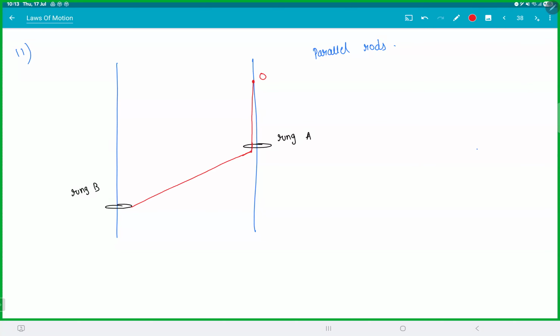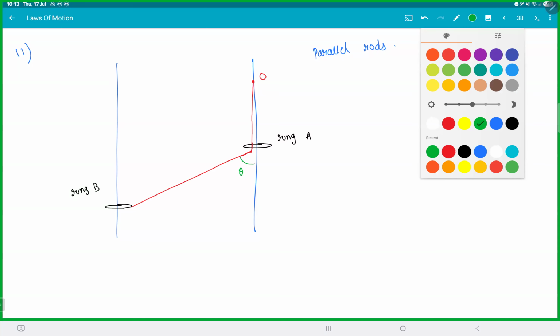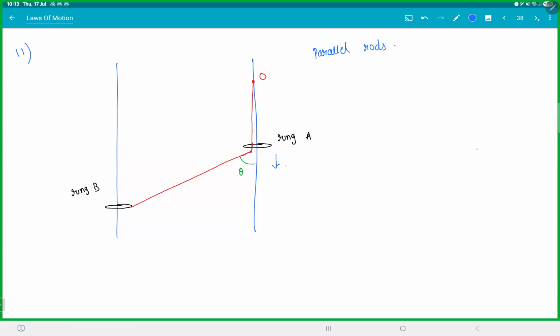So we got a string of this sort. This angle is theta. So someone is pulling this ring A with speed u. In this process, ring B will start going up. So we have two parallel rods.